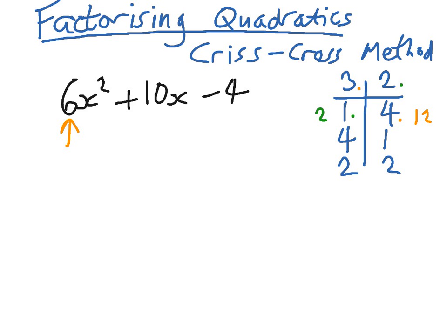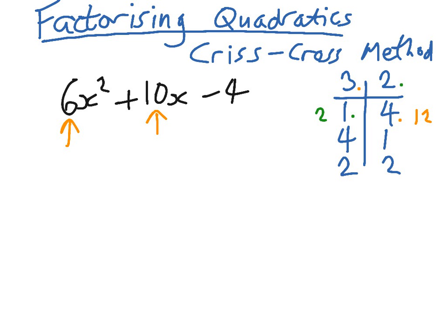Now those two numbers there, 2 and 12, it's possible to use those two to make the 10, which is the coefficient of x, because we could have plus 12x and minus 2x, so that would give us our 10x. Well, let's just also see what other options that we have.